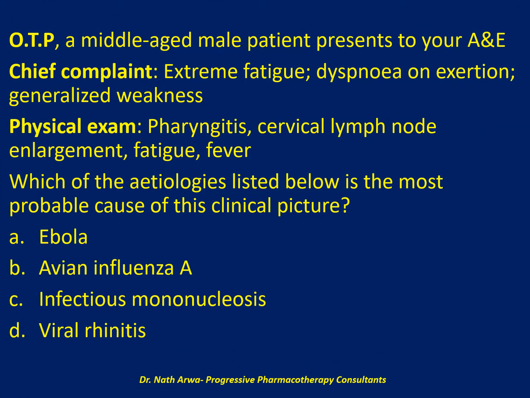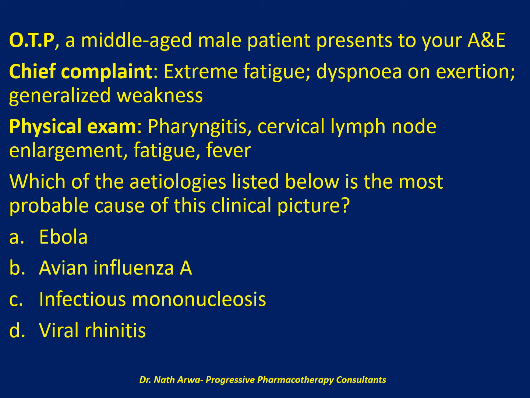And it reads, Mr. OTP, a middle-aged male patient, presents to your accident and emergency department. His chief complaint today is extreme fatigue, dyspnea on exertion, and generalized weakness. A physical exam is done, and it shows there is pharyngitis, there is cervical lymph node enlargement. He has fatigue and fever.